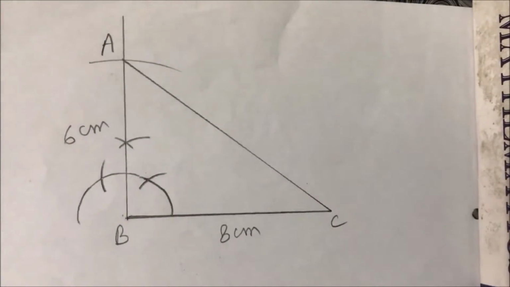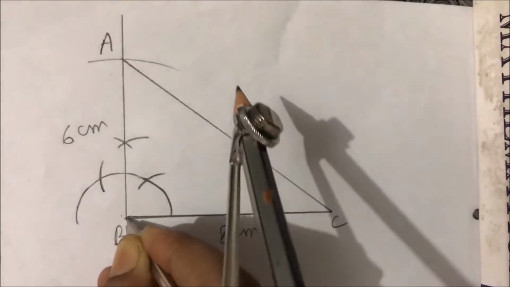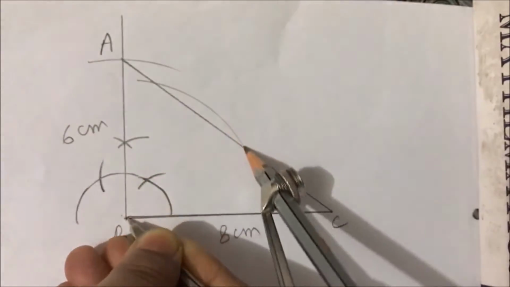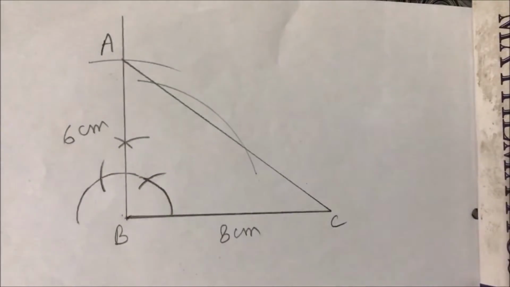First step done. Then second, you have to draw BD perpendicular to AC. So with B as center and with suitable radius, draw an arc like this which intersects AC in two distinct points.